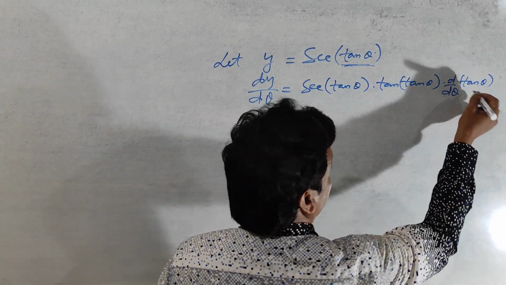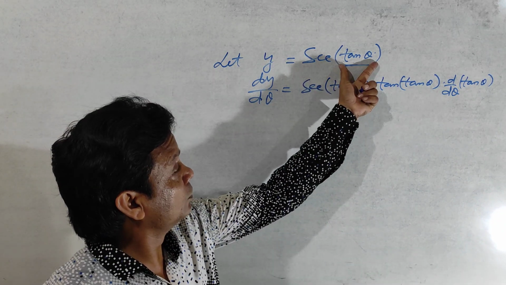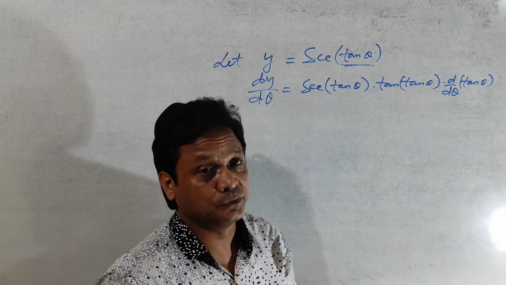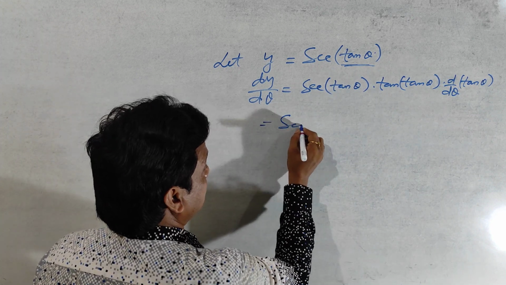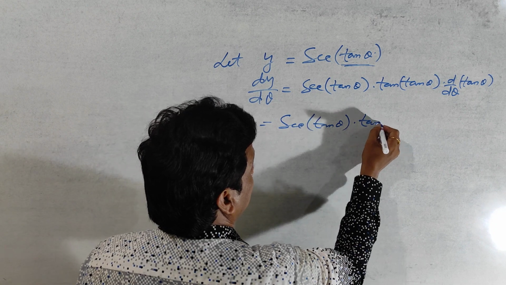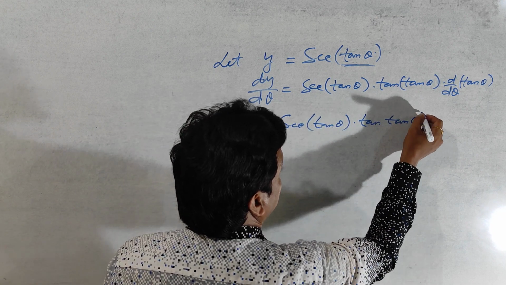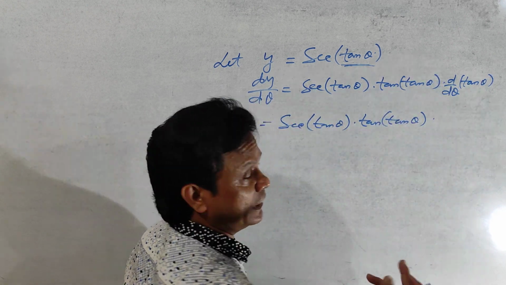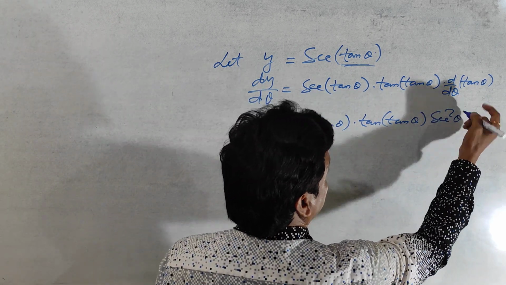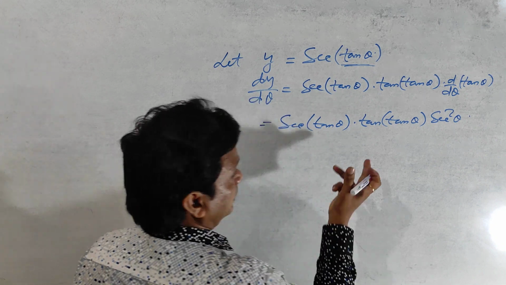Again I am telling you, sec u is sec u into tan u into derivative of u. So what is the answer? Tell me. Sec of tan theta into tan of tan theta into derivative of tan theta, which is sec square theta, into d theta by d theta. It is 1. So this is the answer.